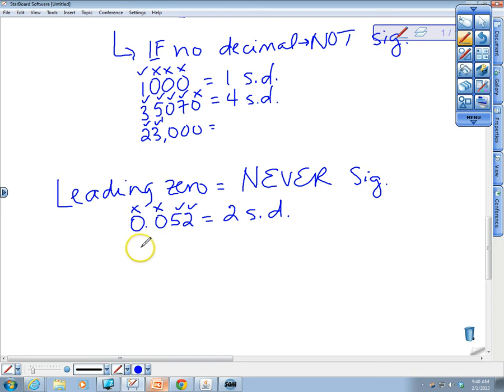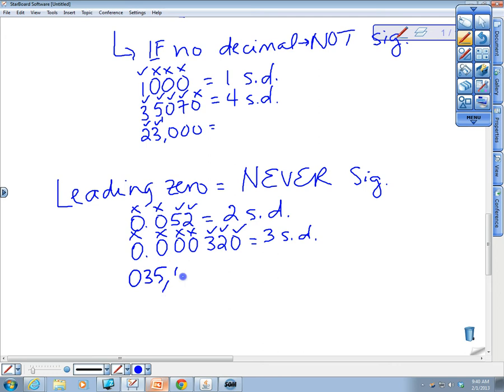If I have 0.000320, my non-zeros are significant. My leading zeros are never significant. The only one I have to think about is this trailing 0. I have a decimal, so it is significant, and I have 3 significant digits.